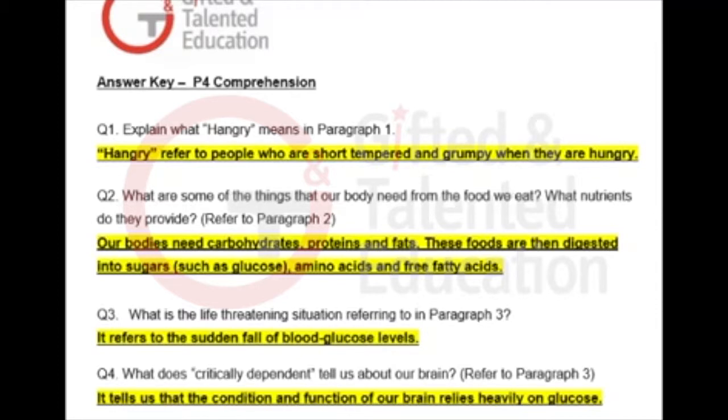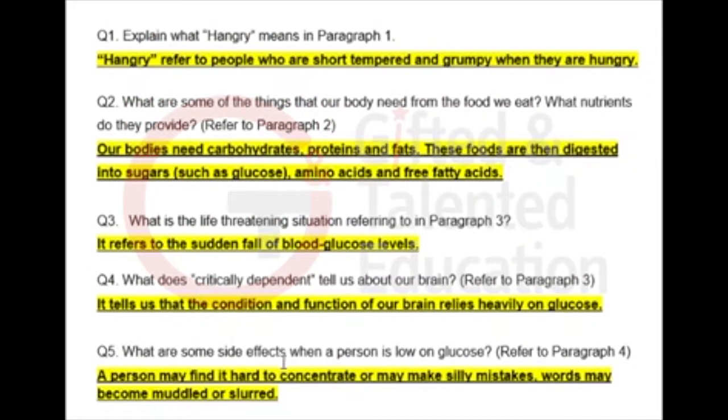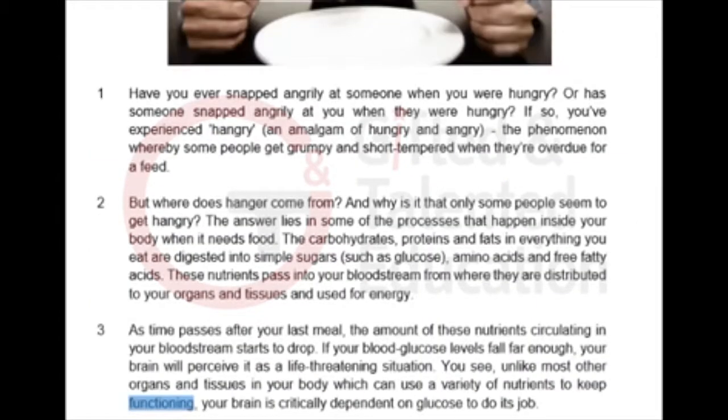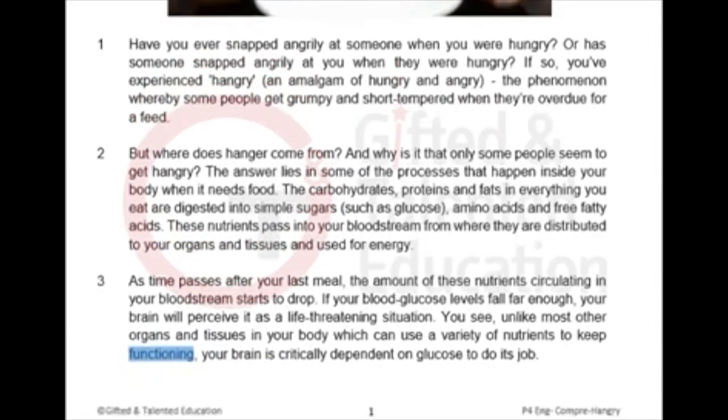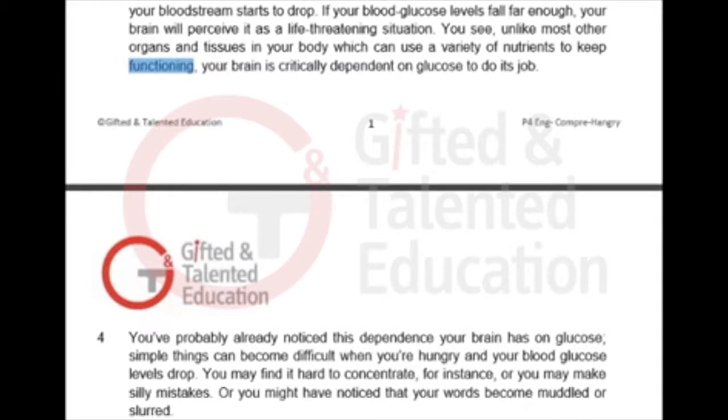Let's move on to question 5. What are some side effects when a person is low on glucose? Let's move back to paragraph 4. In paragraph 4, we realize that the keywords are right over here.